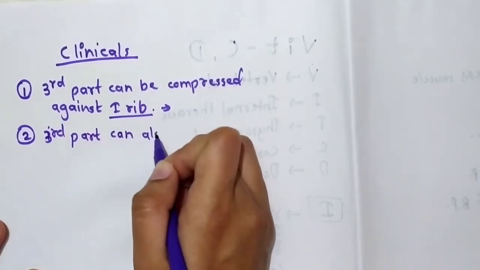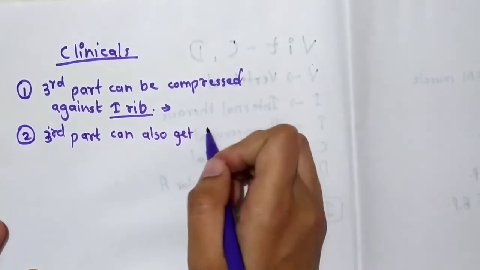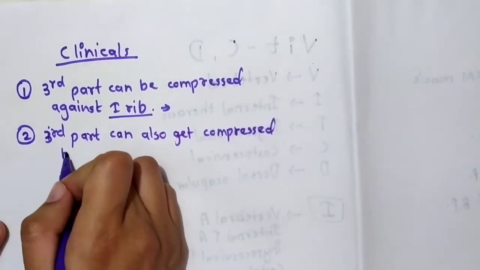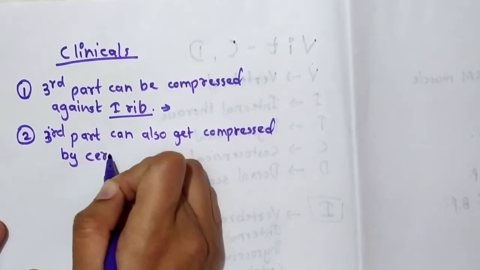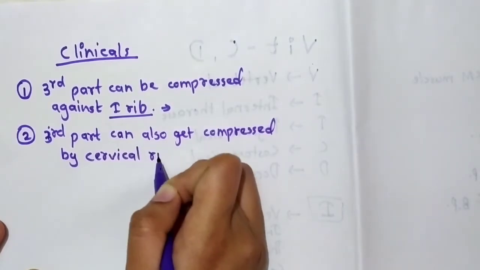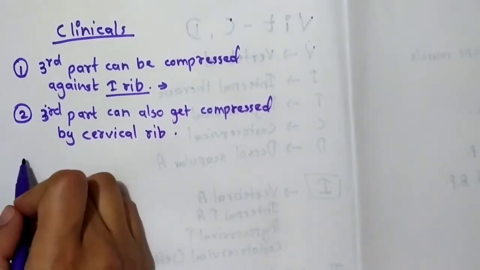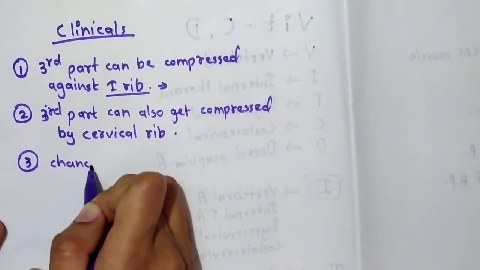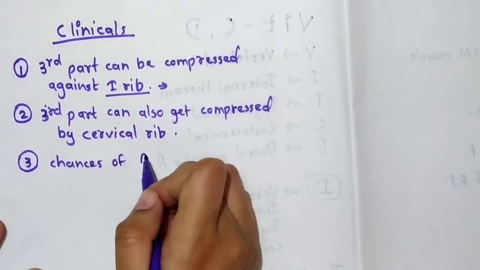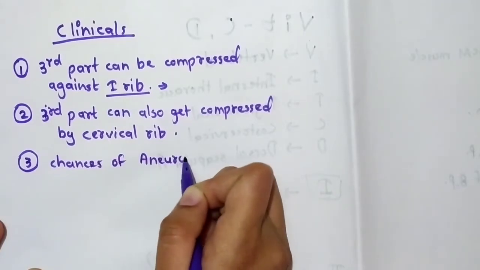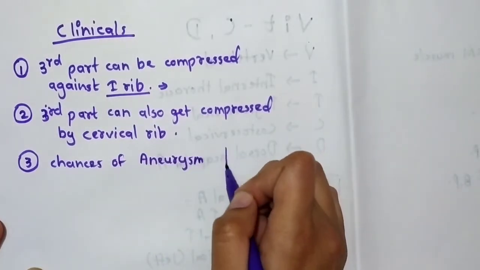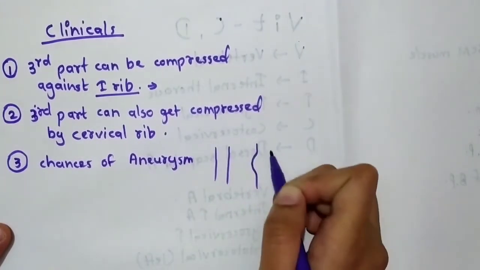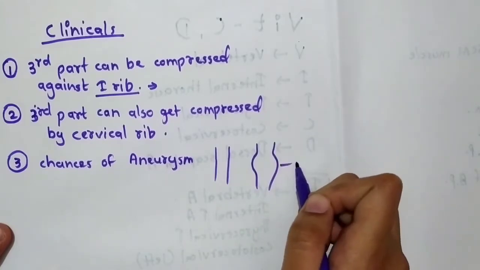Third is the chance of aneurysm. This is a normal artery, and if the walls of this artery dilate abnormally, this is known as an aneurysm.